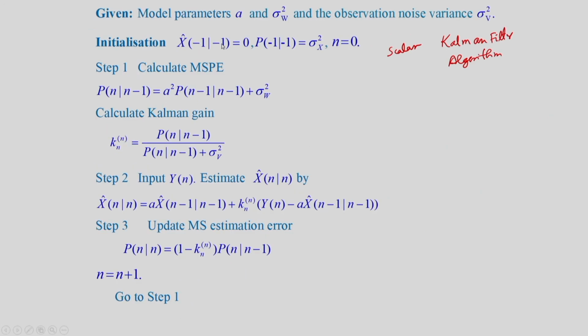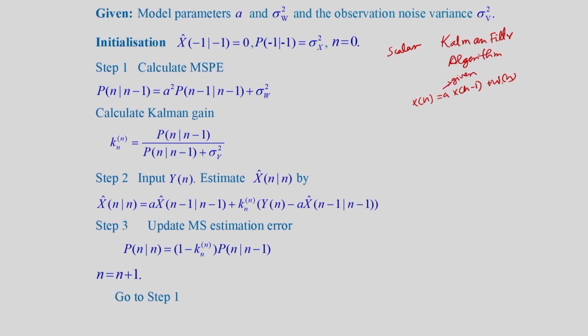We will now describe the scalar Kalman filter algorithm. Here, given the model parameters A, that is, the signal model is x n is equal to A x n minus 1 plus W n. So, A is given.